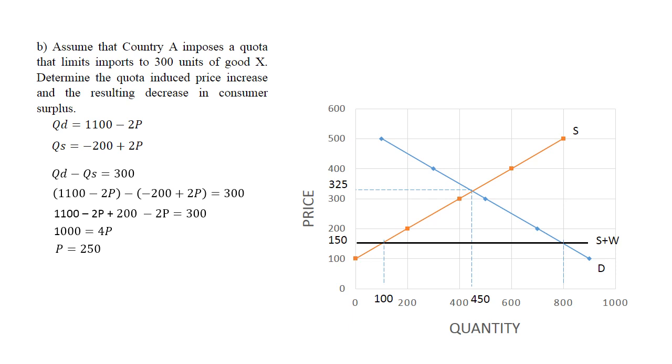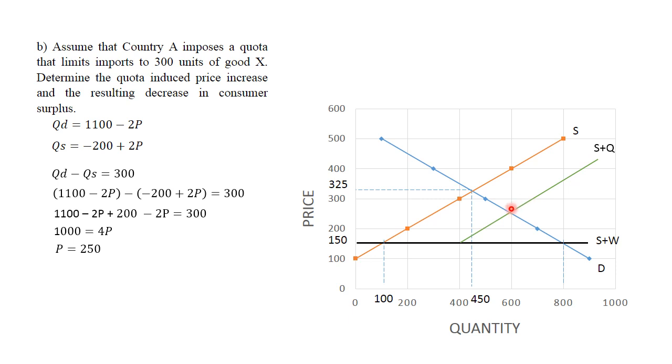Okay, so we have already got the price, which is equal to 250. It means that the price will increase from 150 to 250 after the government imposes an import quota. So your S plus W will shift to S plus Q. This is your new supply curve after the government imposes the import quota.